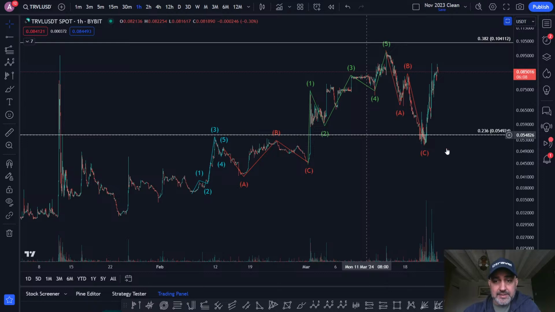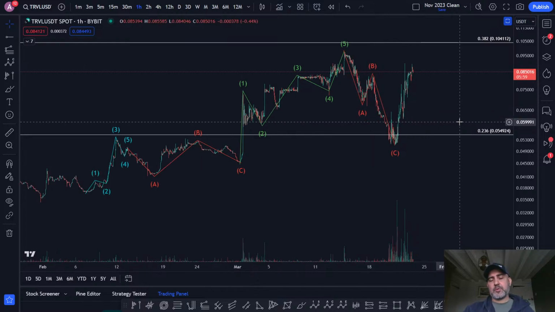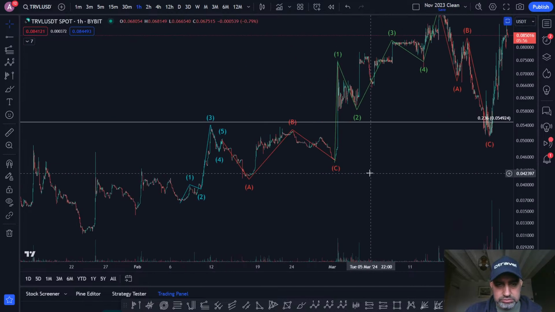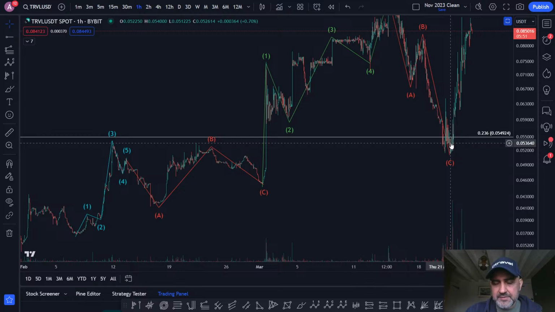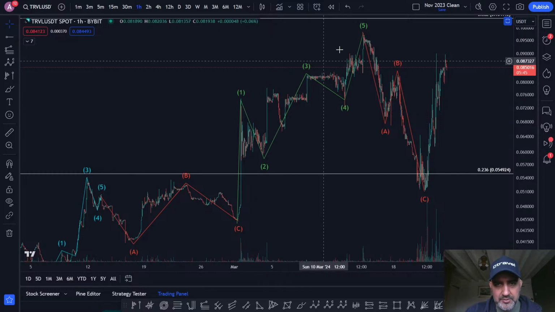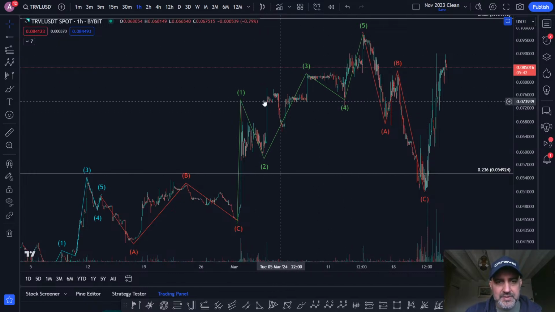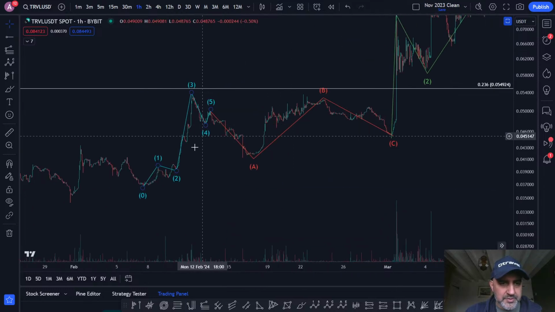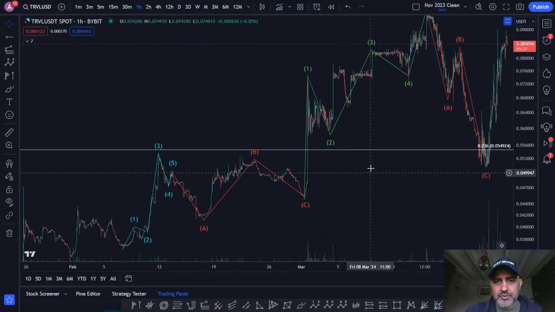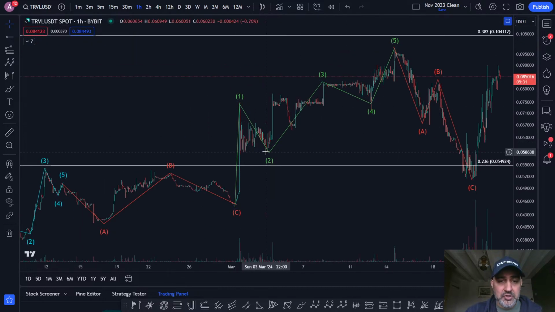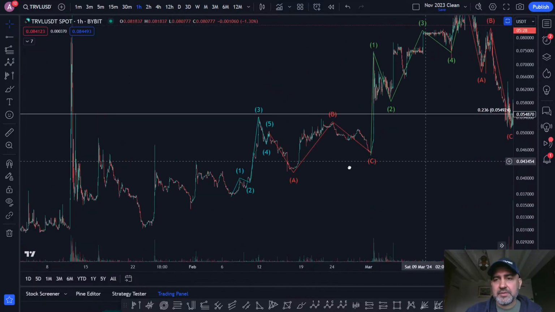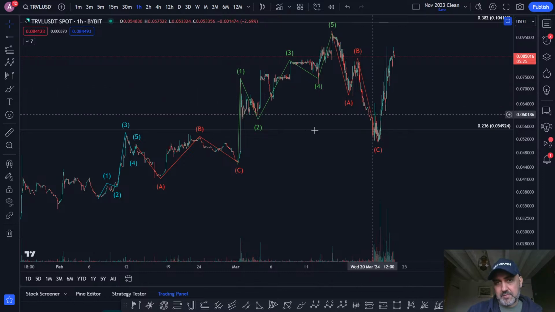How do we know if this is correct? That's the question. I'm just making this up. How do we know? Like, what's the test? Well, as long as the rules are abiding, so as long as this 4 doesn't come underneath the top of the 1, and you have the same idea within these internal bullish waves, the 4 doesn't come underneath the 1, the 3 is not the shortest, the 2 doesn't come underneath the 0, then it's pretty much correct.